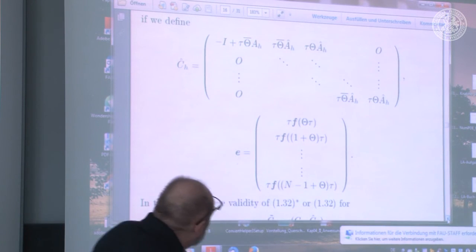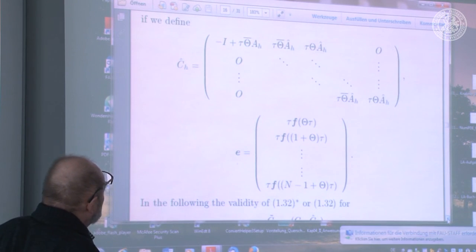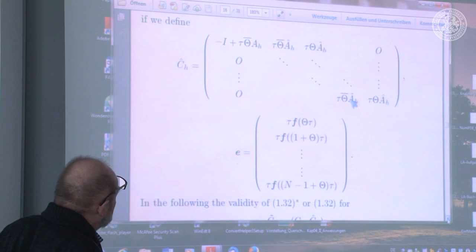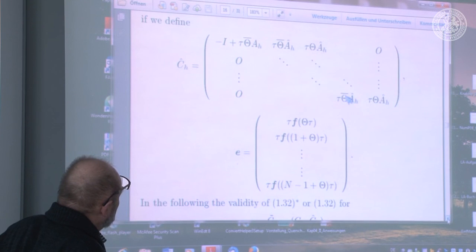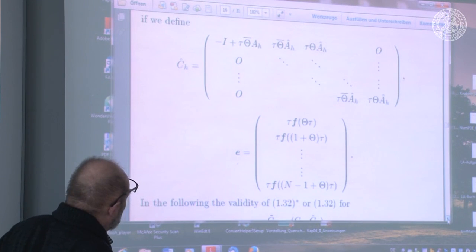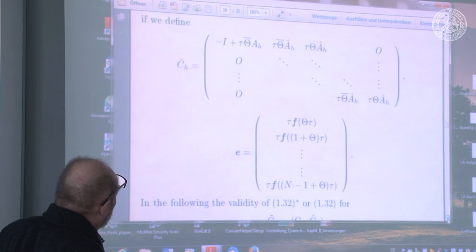And the matrix C_h, in the usual situation, only contains these different A_h hat parts with the corresponding factors in front of that for the corresponding data, old and new.